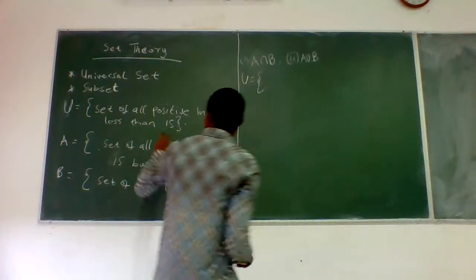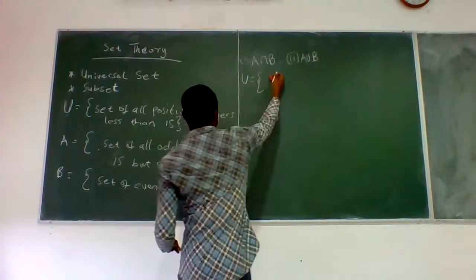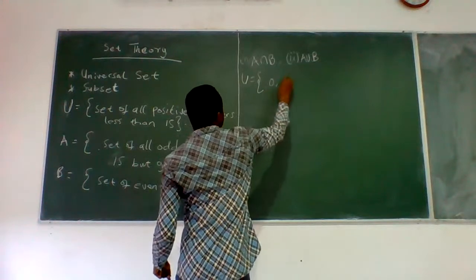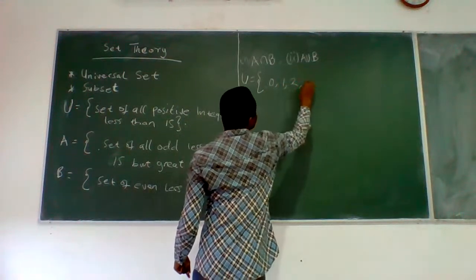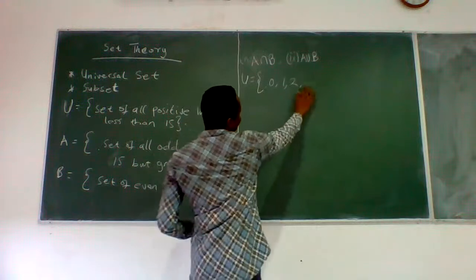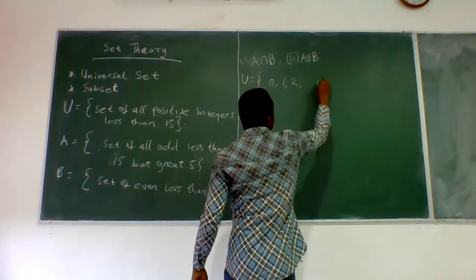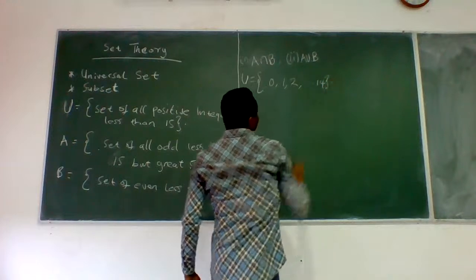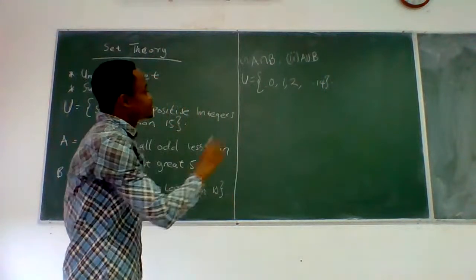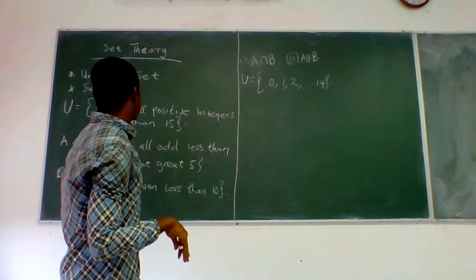So here, our integers start from 0, 1, 2, and then three dots. The three dots mean it continues up to less than 15, so 14. So positive integers are basically whole numbers that are positive.